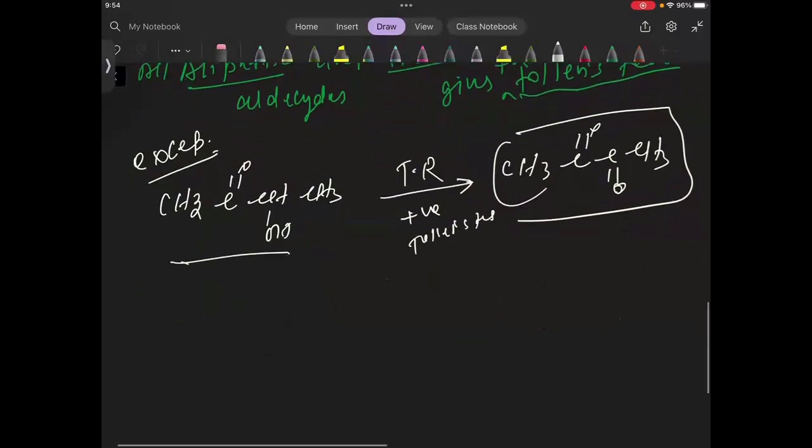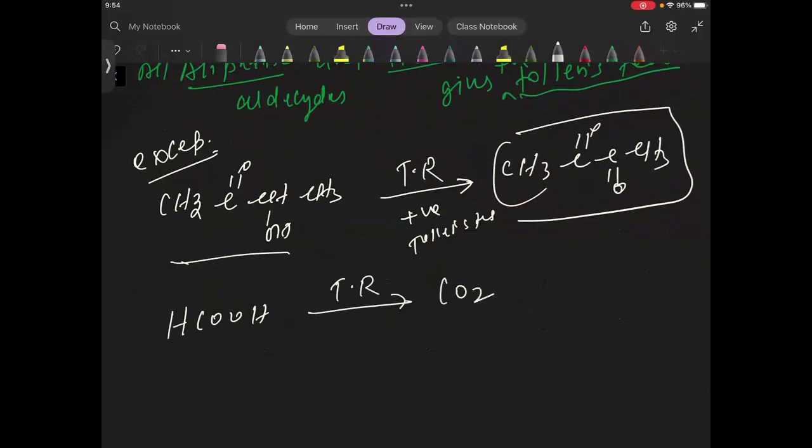Students, even formic acid, if you react it with Tollens reagent, what happens? It will form CO2 plus H2O and silver mirror. So CO2 plus water plus silver mirror will form.